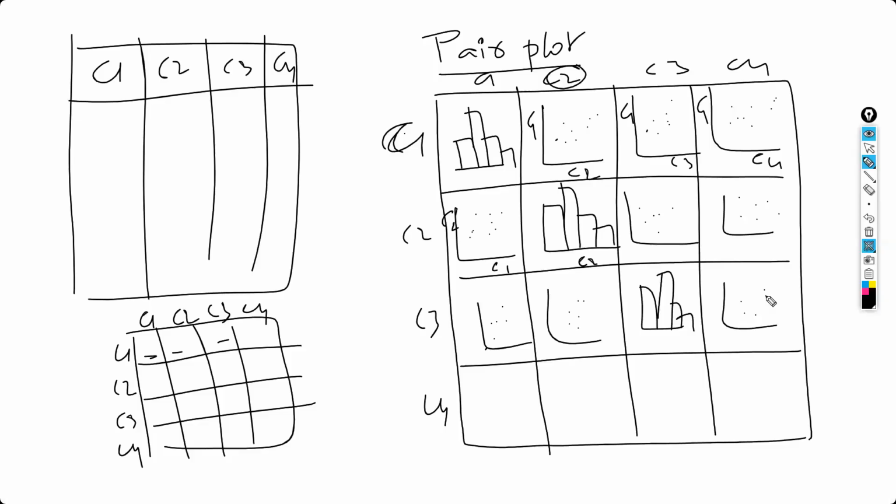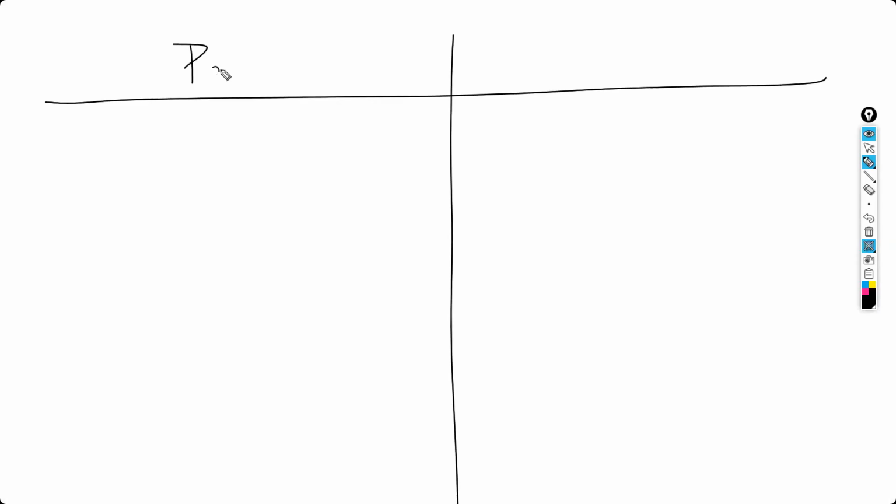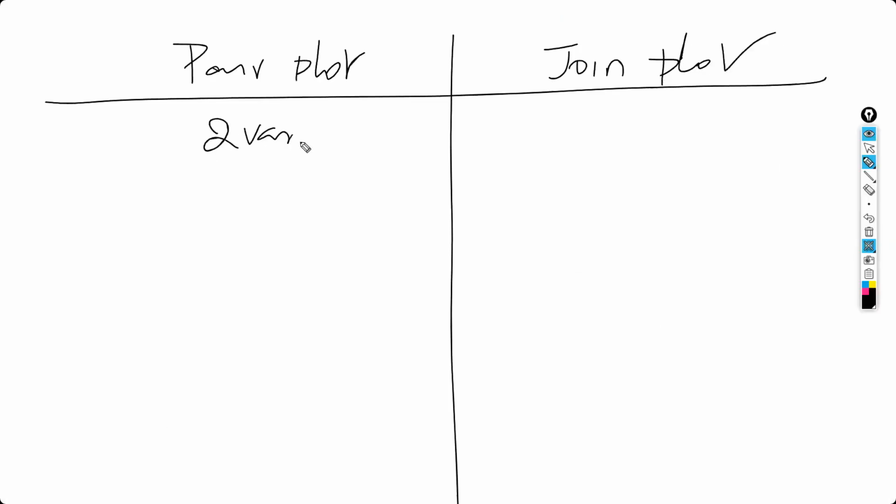Now, what is the difference between the pair plot versus the joint plot? That is your question. Let us take an example of pair plot and joint plot. Assume that exactly two variables are there.